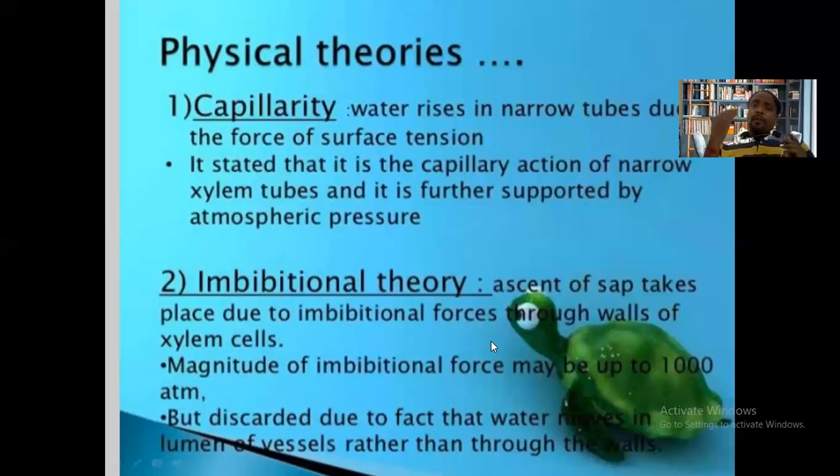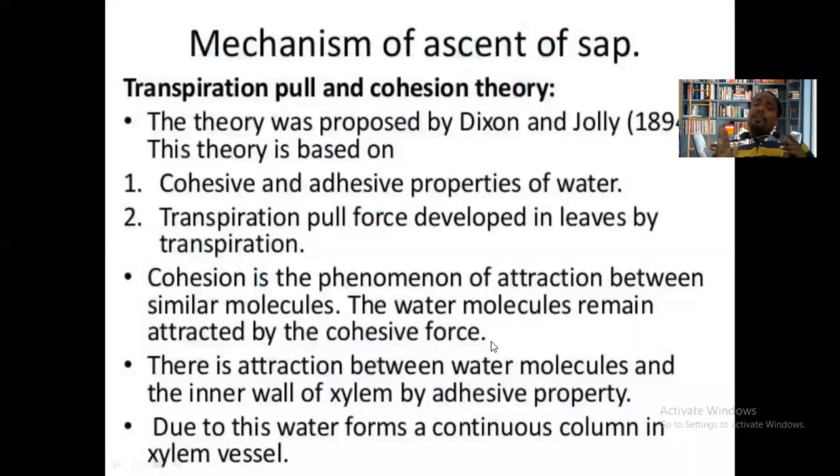Now the next theory is a very important theory, which is supported by different scientists, and that theory is called the transpiration pull theory, and it is also called the cohesion theory. Here the water absorbing forces are not developed primarily in the roots, isn't it?